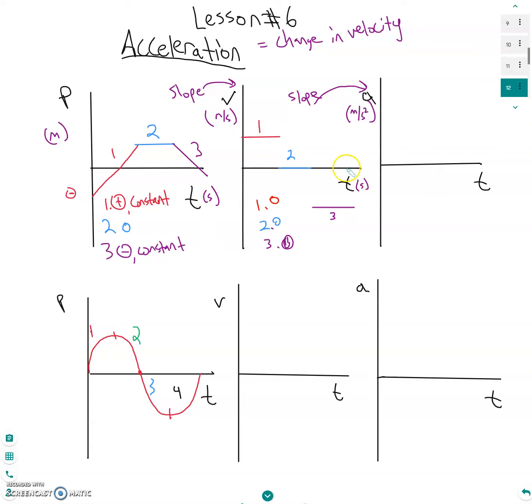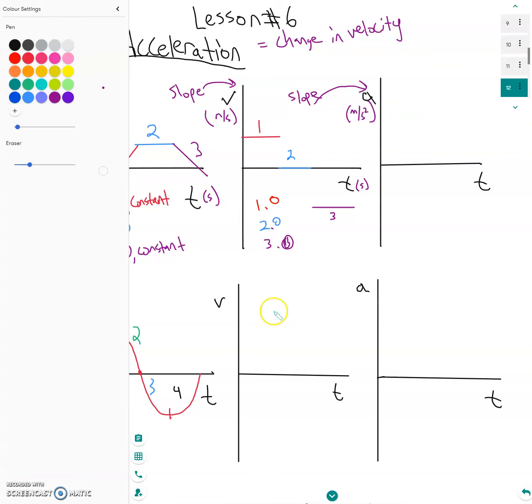But one of the cool things about our acceleration graphs in my class, and in most of physics that you do, unless you get really into some crazy stuff, is that acceleration graphs are always going to be constant acceleration, which is flat, like this. Now that's not what our graph looks like, because our acceleration is the literal slope of these lines, which is 0.